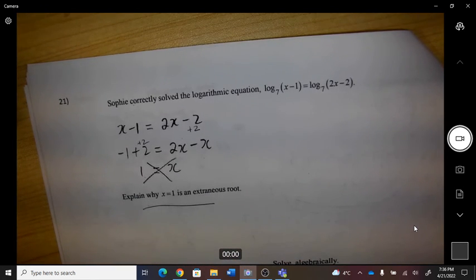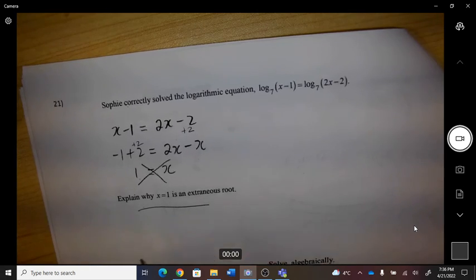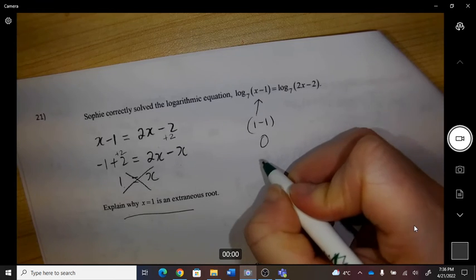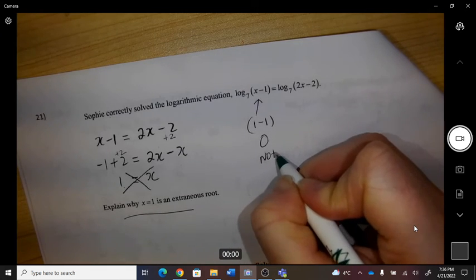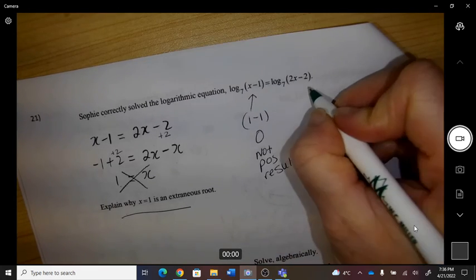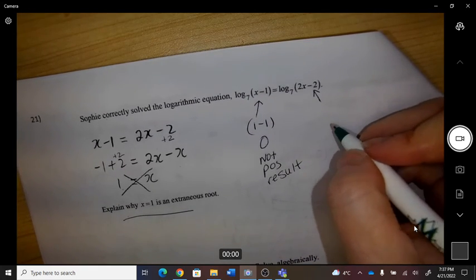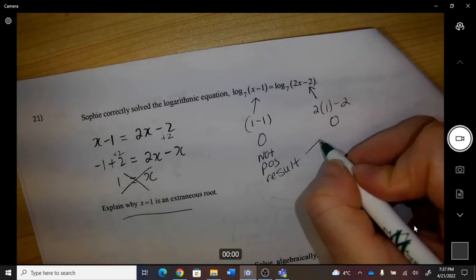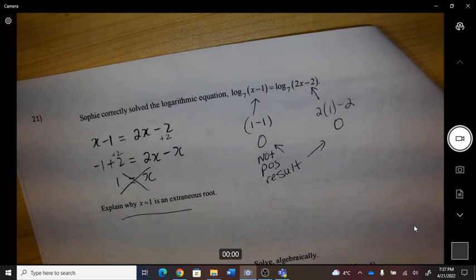Why is that not working? Why did they cross it off? So if I plug it in, 1 subtract 1 is 0. That is not a positive result. And actually when I plug it in there, 2 times 1 minus 2 is also 0. So your results always have to be positive.